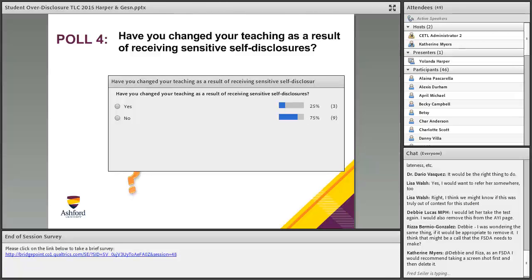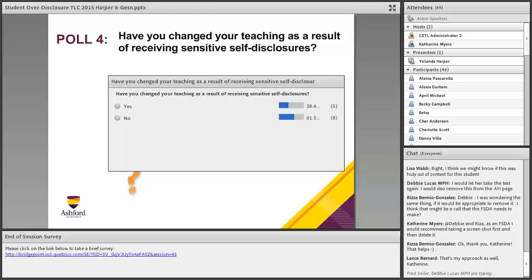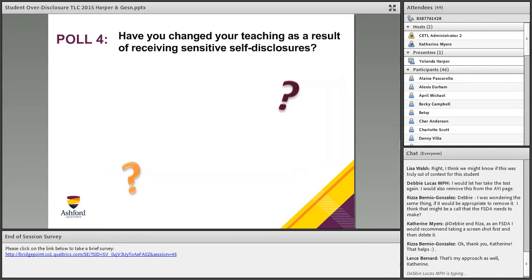So it's not necessarily just changing how we grade or respond to students. Okay, thank you to those who chose to participate in the poll. Some have made some changes, and more who responded had not.